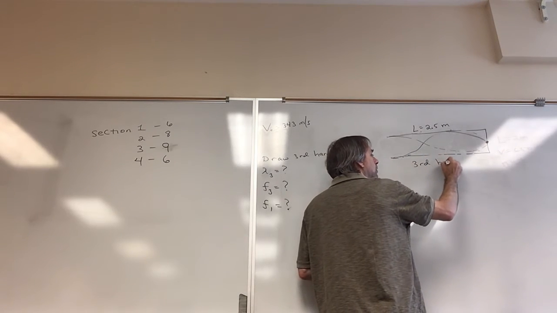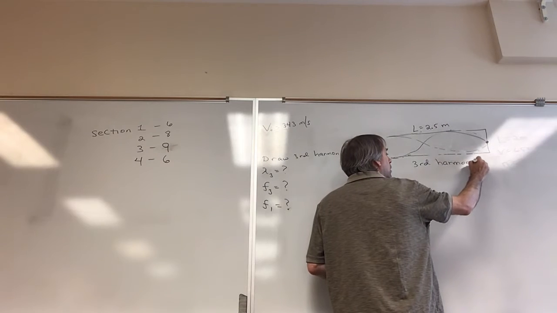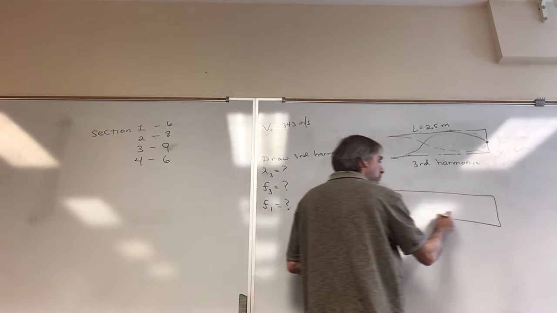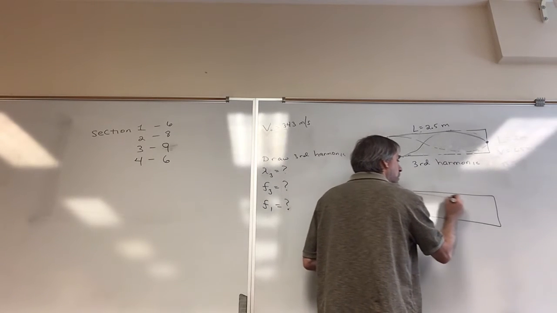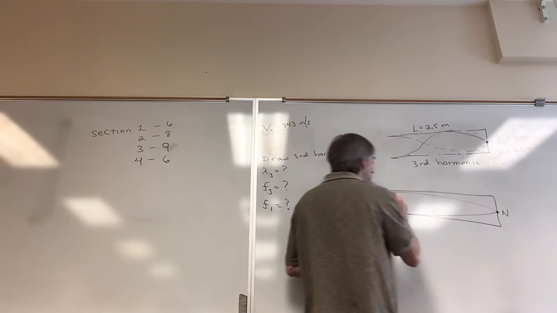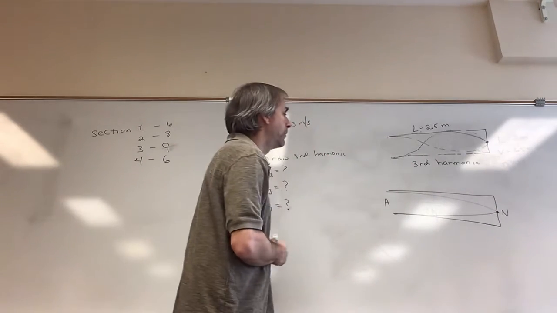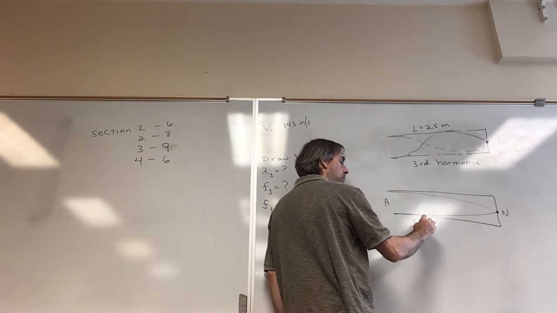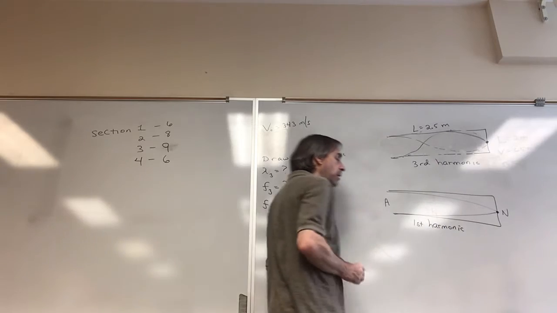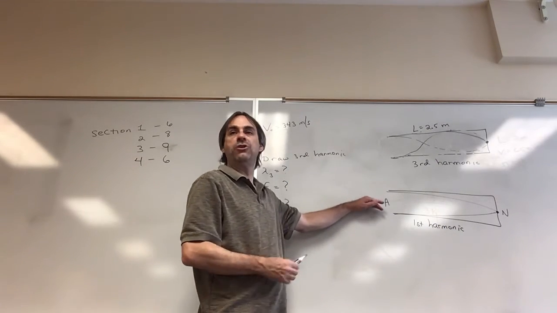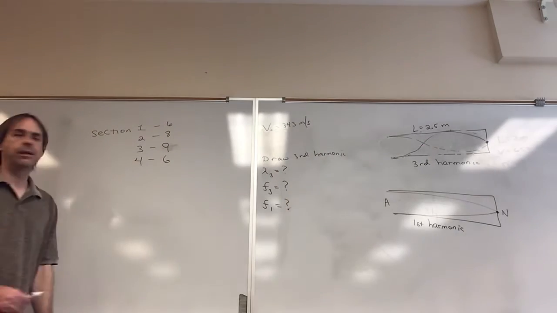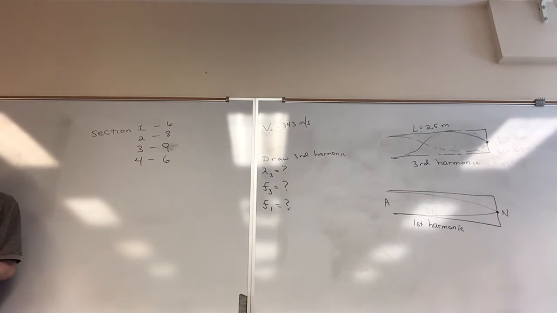Now, I guess another question, if you start with the fundamental, which would just look like this, where you just have one node here and an anti-node here, this is the first harmonic. Then, going to the next harmonic, you add one node. Why didn't we call that the second harmonic?